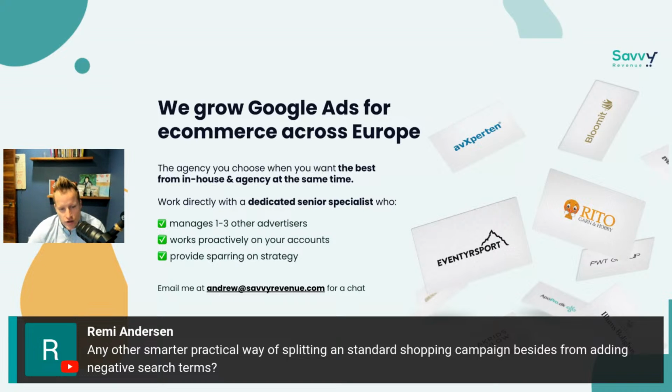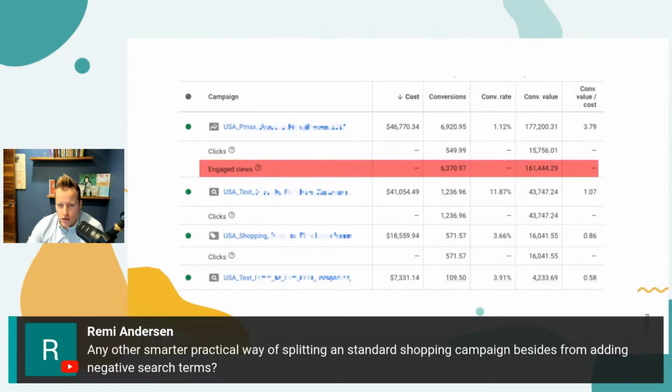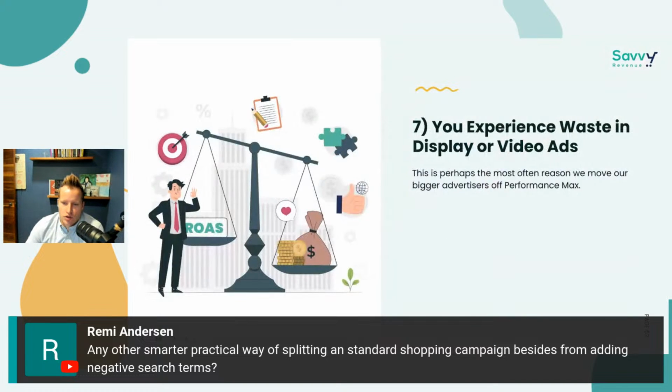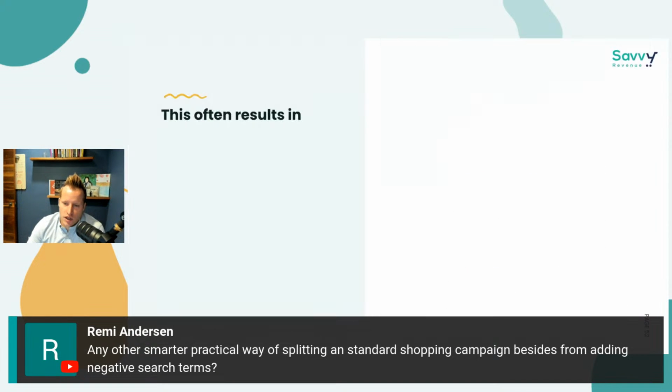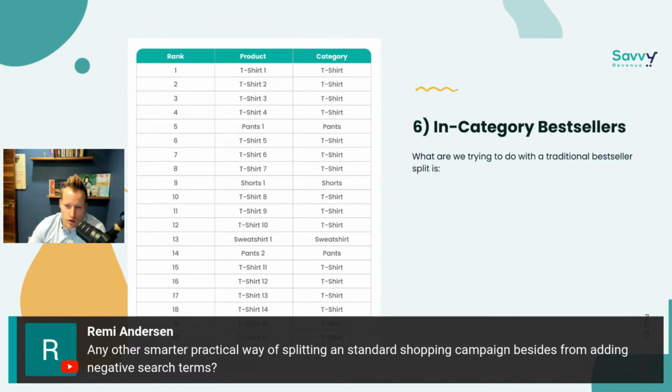Is there any other smart, practical way of splitting a standard shopping campaign besides adding negative search terms? Yes, all the things that we mentioned so far. But if we go back to just one thing, it's the priority setting. If we're using the priority setting, then in category, bestsellers is one.